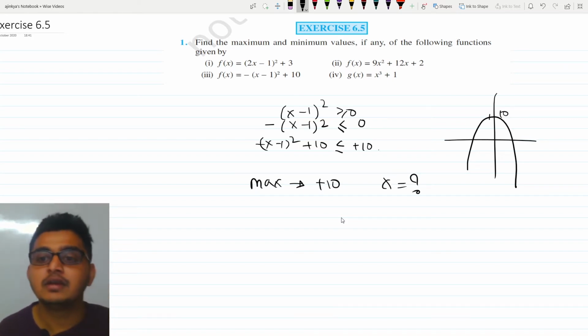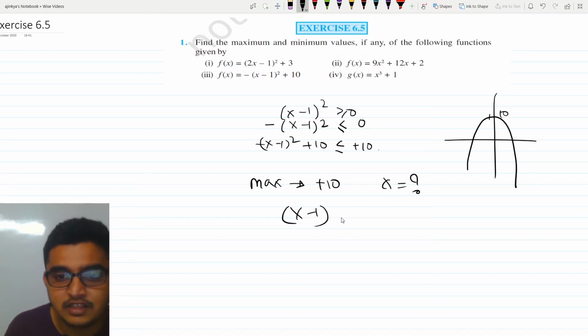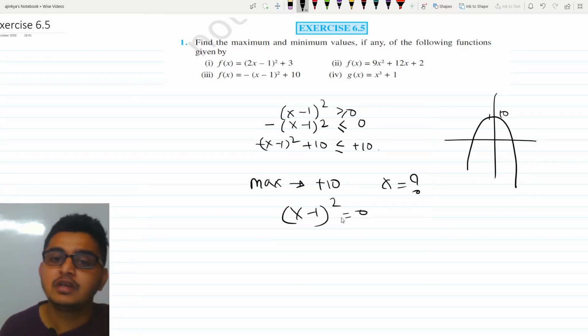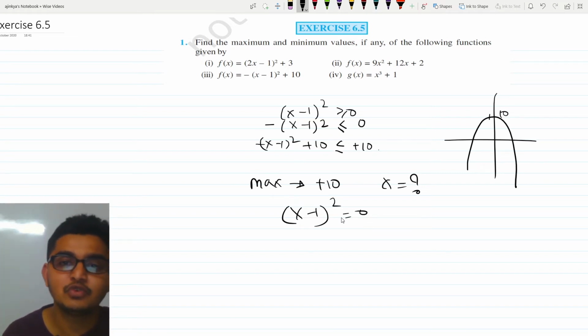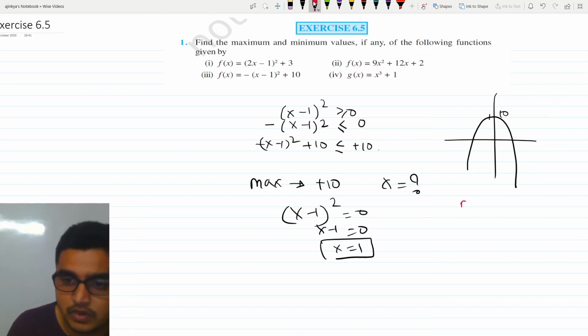So we have clearly said in the first step, (x minus 1) whole squared is going to be greater than or equal to 0. So if we equate that term to 0, then we are going to have the value as 10. So x minus 1 is going to be 0 and x is going to be 1. So if you look, what is the maximum value? The maximum value is going to be 10 at x equals to 1.